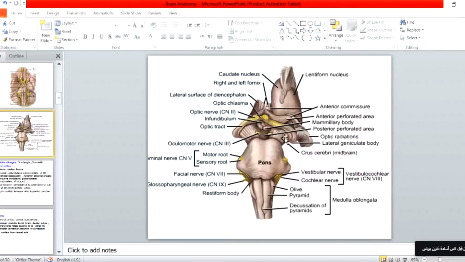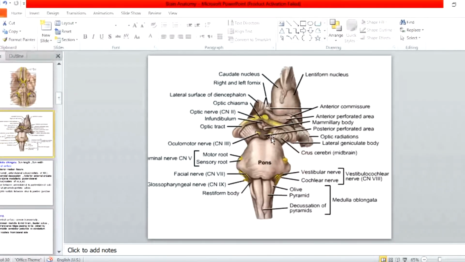Passing upward, the third part of the brainstem is the midbrain. On the ventral surface of the midbrain, you will see these 2 bands of white matter, one on each side, passing to the forebrain. These are called crus cerebri, 2 crura cerebri.